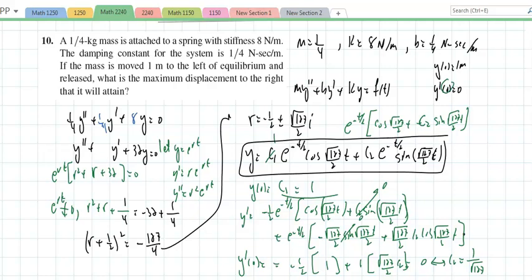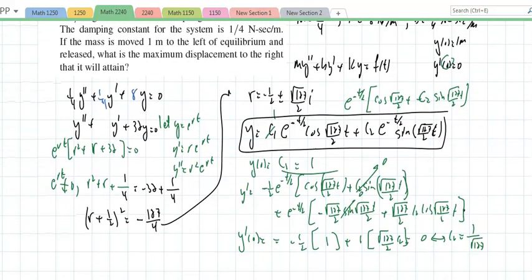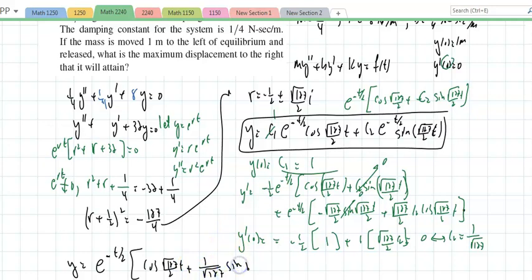Okay, so y equals e to the negative t over 2 times the cosine of square root of 127 over 2 t plus 1 over square root of 127 times the sine of the square root of 127 over 2 t. And that would be the equation.